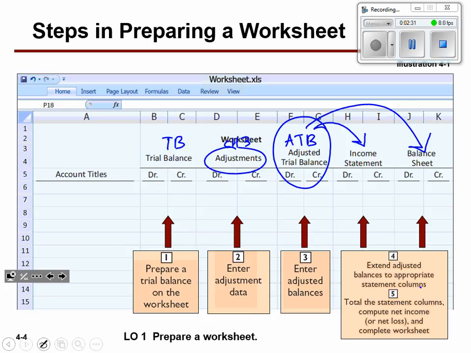Step 5 is the tricky part because your income statement and balance sheet won't equal in step 4. They won't equal. And you'll use, hopefully, net income to get them to equal. And it's kind of the cool part about accounting where all of a sudden the stars align and all the numbers totally make sense.